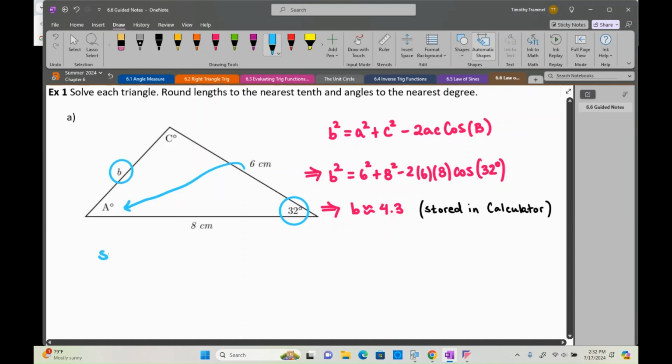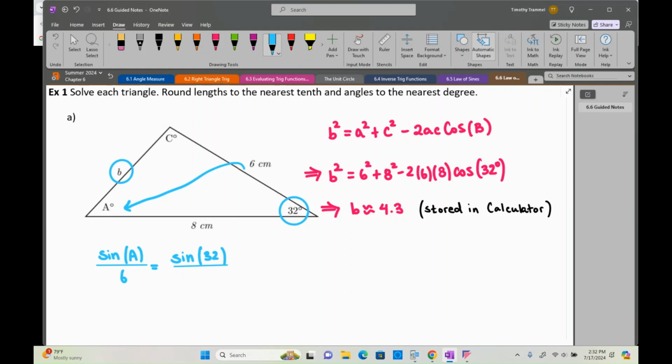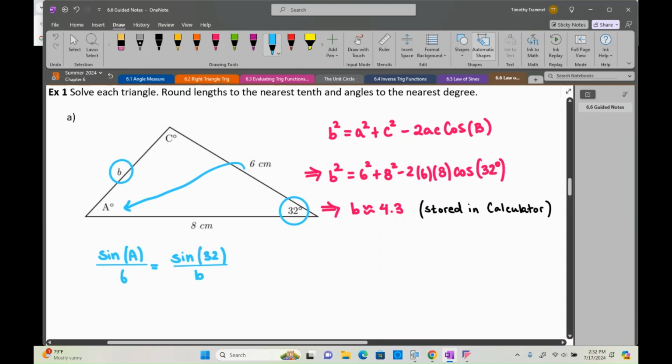So I'm going to write sine of A divided by 6. And then we have our matching pair over here, sine of 32 over B. And rather than writing down the decimal approximation for B, I'm just going to be specific here and just say B.